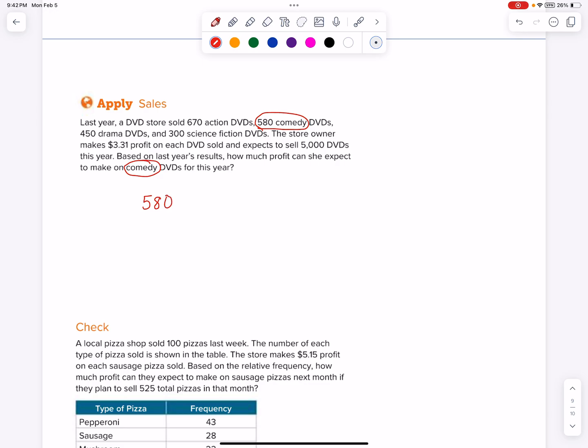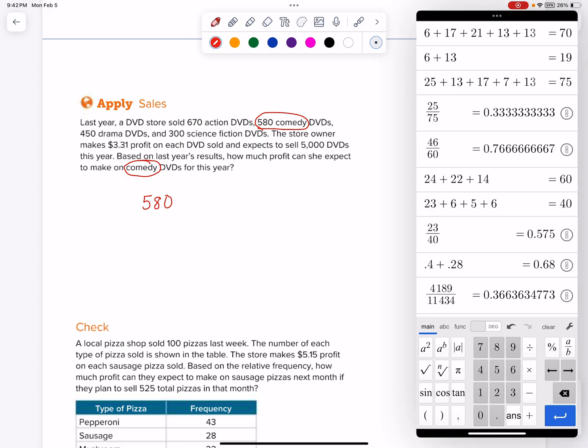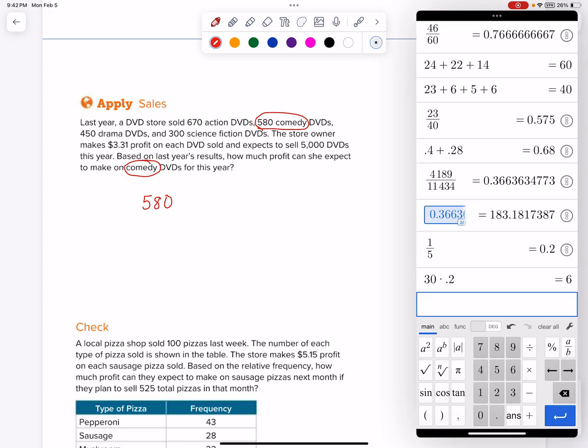So we had 580 out of how many total DVDs? Okay, well, we don't know how many total DVDs last year, so we unfortunately have to add those all up. So 650 plus the 580 in comedy, plus the 450 in drama, plus the 300 science. So that was out of 2,000 DVDs sold.